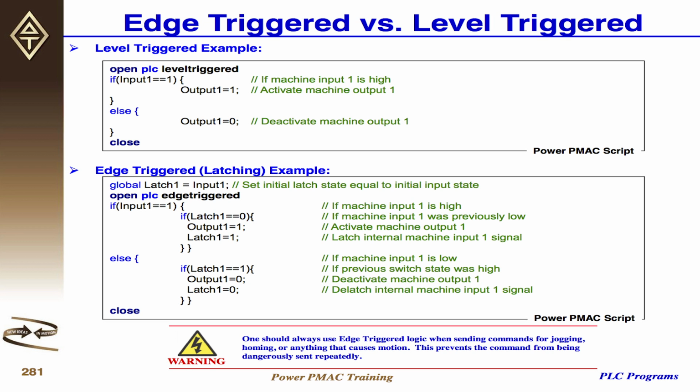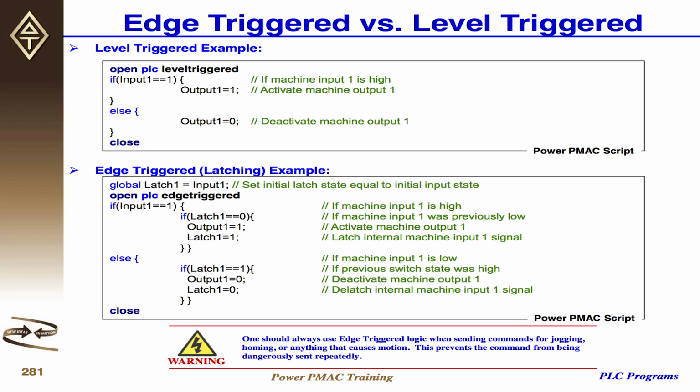If that's the case, if you're using motion in your logic, then you want to use what's called edge-triggered logic instead. So edge-triggered logic says we want to create a separate variable to store the previous condition of your state.